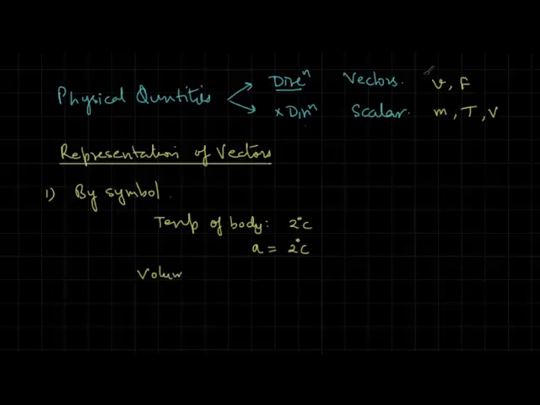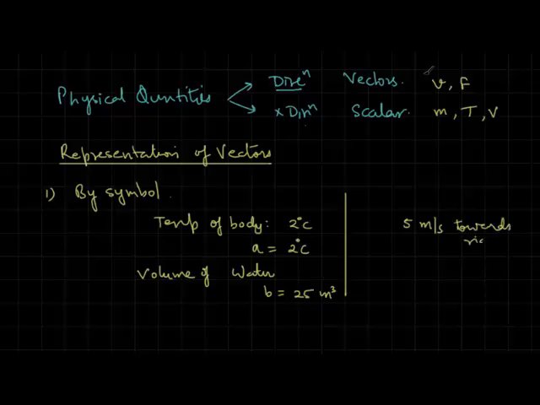Or when we say the volume of water B is equal to 25 meter cube. These are the symbols we are using to represent the temperature and the volume. Similarly, for vectors, let's say the velocity is 5 meter per second towards right, and we represent it by a symbol C. Or let's say the force D is equal to 10 Newton towards north.